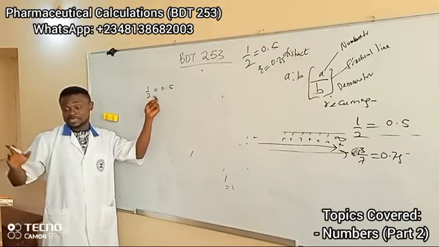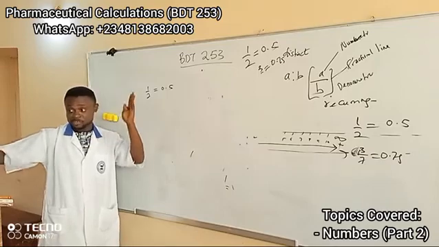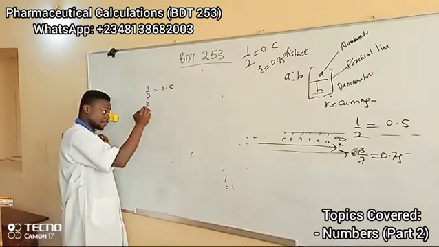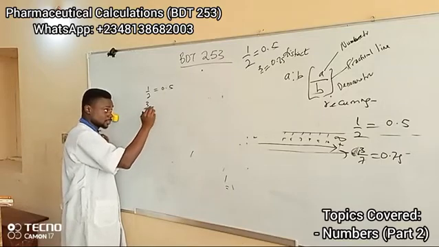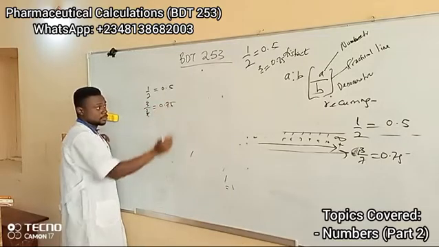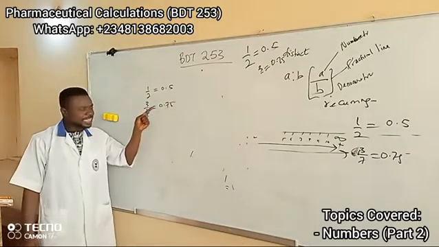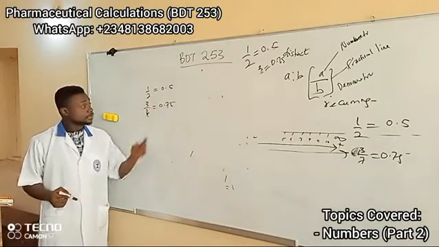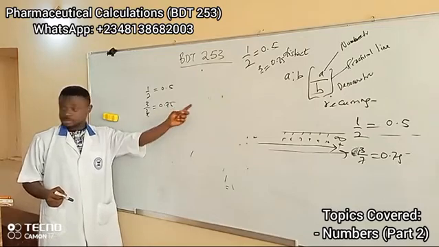So if you say decimal, it can be rational, so you should say decimal fraction. Then 3/4 is 0.75, a terminating decimal. It has stopped.